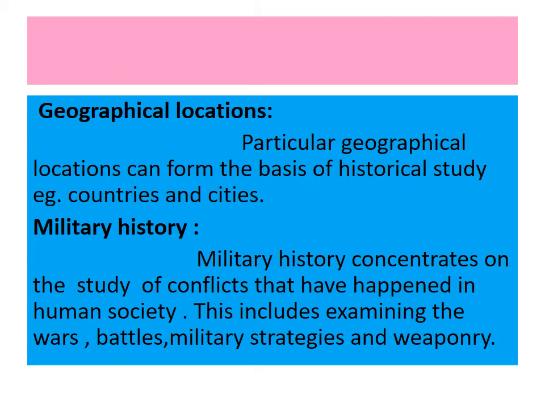Geographical locations: we can do historical study of particular geographic locations, for example certain countries and cities. And military history: we can concentrate on the conflicts that have happened in human society, examining wars, battles, military strategies and weaponry.